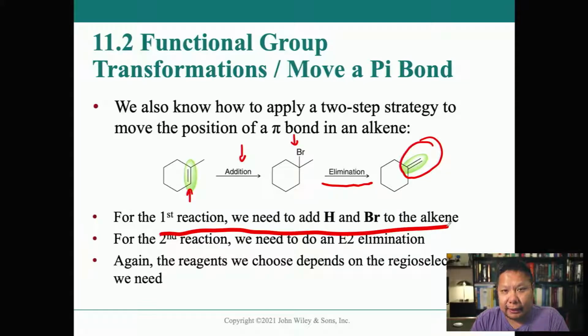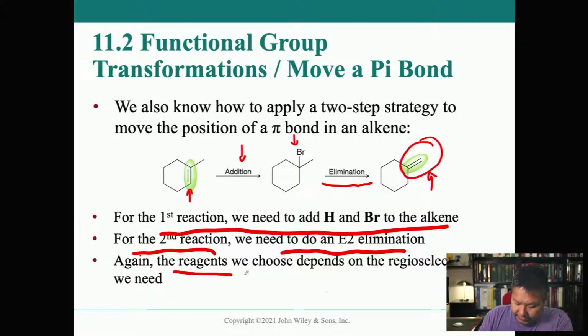That was a hydrohalogenation reaction. And then for reaction 2, we need to do an E2 elimination. And when we do an E2 elimination with the strong base, then we get our alkene there. Again, the reagents we choose depend on the regioselectivity we need.